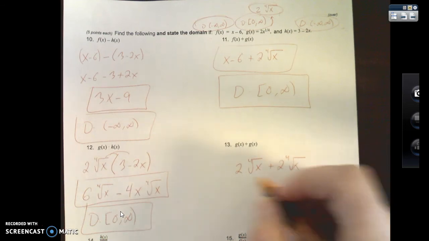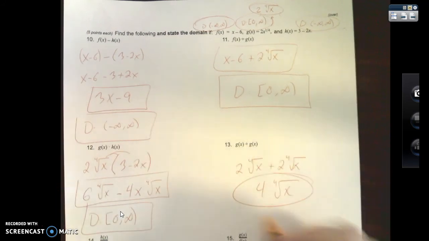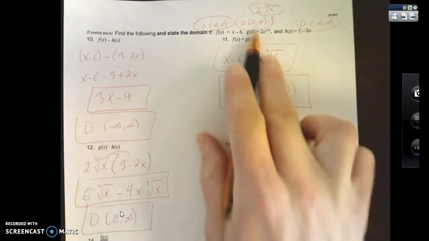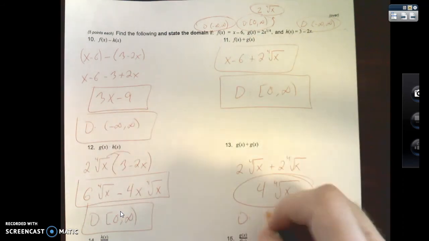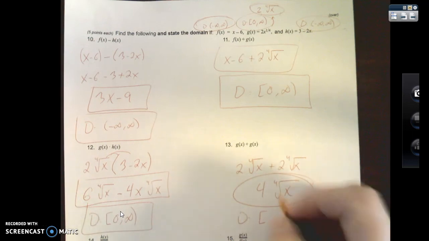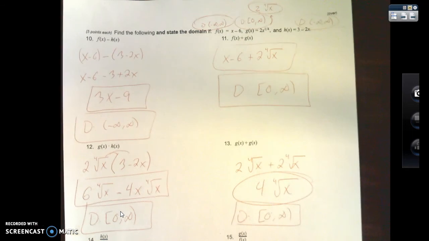Well, if I add them together, 2 plus 2 is 4 fourth root of x. Looking at my domains, again, the only restriction is from 0 to infinity. I want to include 0. Same thing with my final operation here. Starts at 0, goes to infinity. We're good.